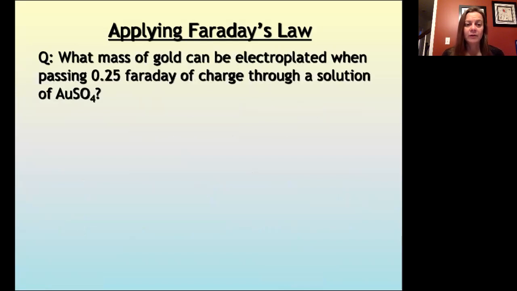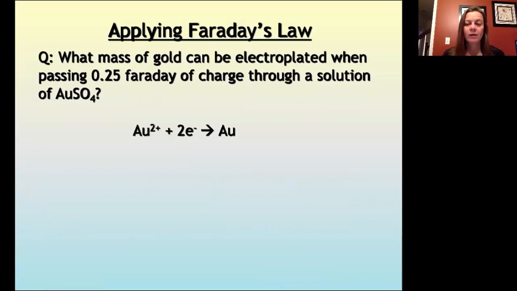Okay, applying Faraday's law. Here's a new application. We're being asked to find, if we have an electrolytic cell, so we're electroplating gold onto a surface, what mass of gold can be electroplated when we pass 0.25 Faradays of charge through a solution of gold sulfate?